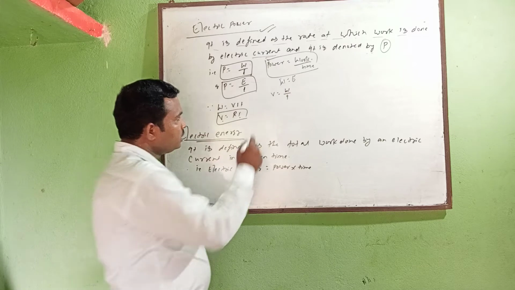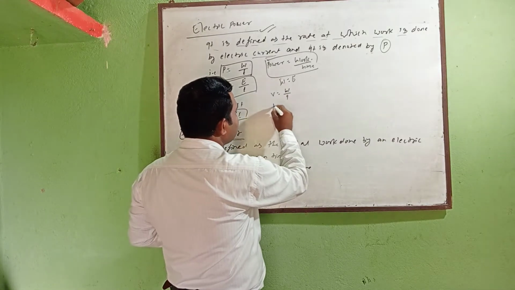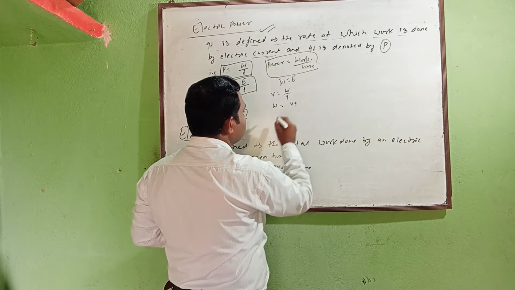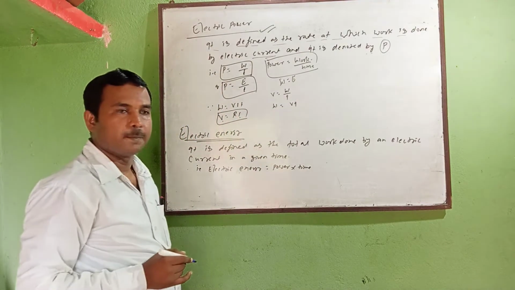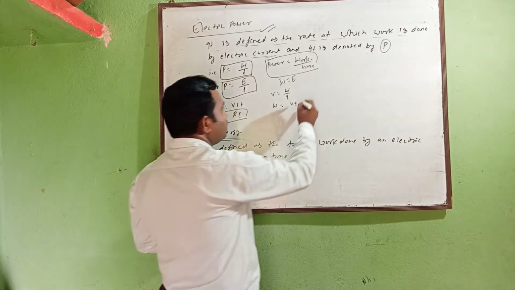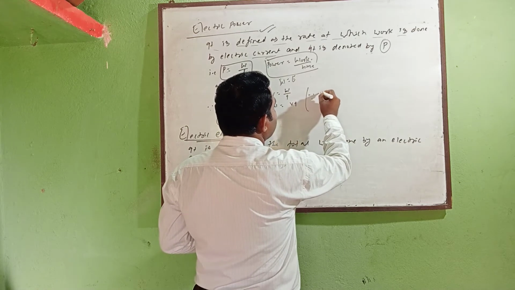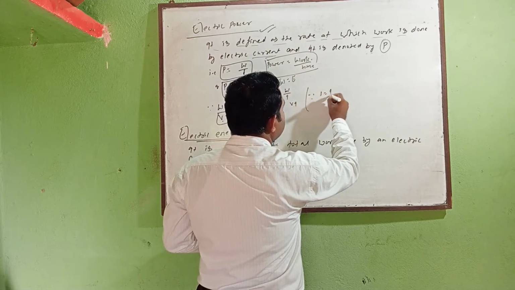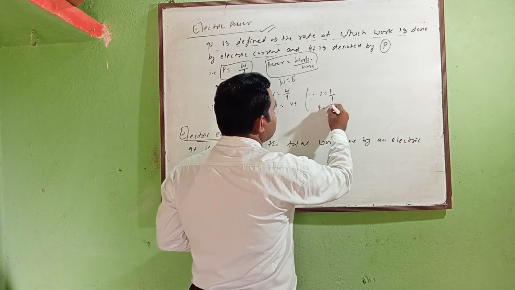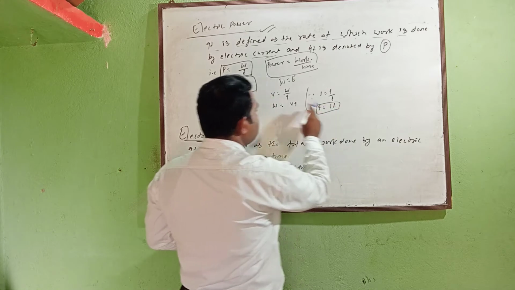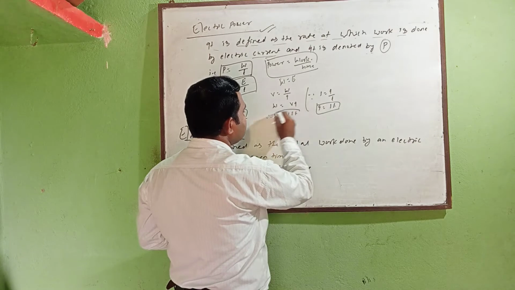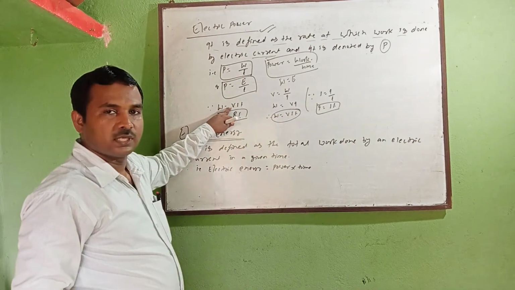Cross multiplying, W is equal to V into Q. But charge is equal to current into time also, no? We have the formula I equal to Q by T. Cross multiplying, Q is equal to IT. Substituting this value, W is equal to VIT.